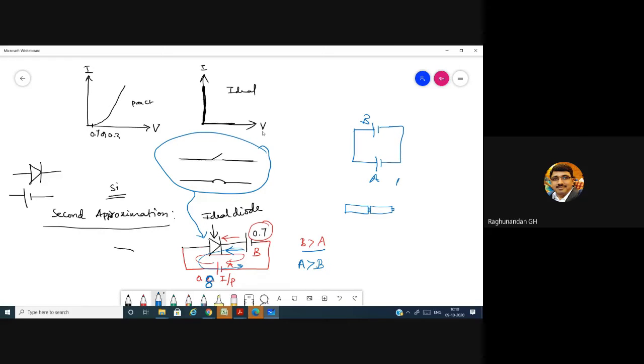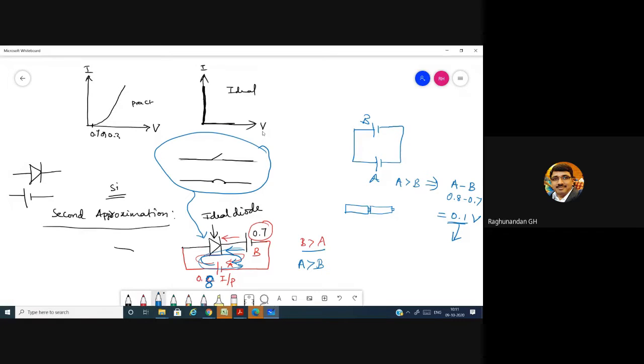It will be subtracted. Yes, and negative to positive it will be added. So when A becomes greater than B, during that time what happens? A minus B will take place. So if it is 0.8 and this is 0.7, now the net voltage applied will be 0.1 volt, and the current which is going to flow through this circuit will be because of this 0.1, because until your input reaches 0.7, this B is going to oppose the current which is coming from the input.